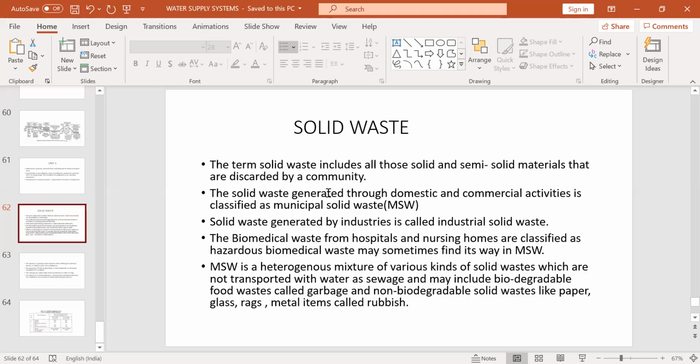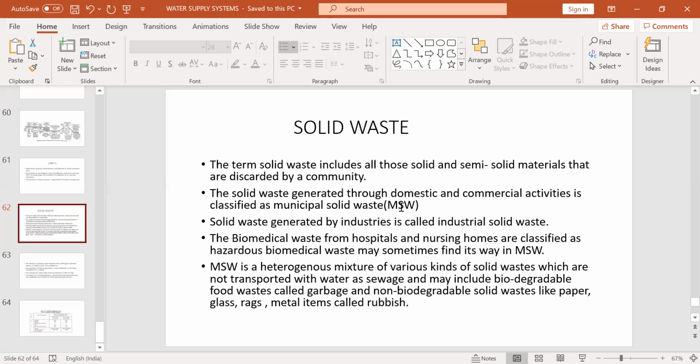So the solid waste generated through domestic and commercial activities is classified as municipal solid waste. So this is basically what we are going to study in this unit, okay, only municipal solid waste. Again, industries will produce waste which is called industrial waste. Such waste will be very hazardous to mankind, to any form of life on earth.